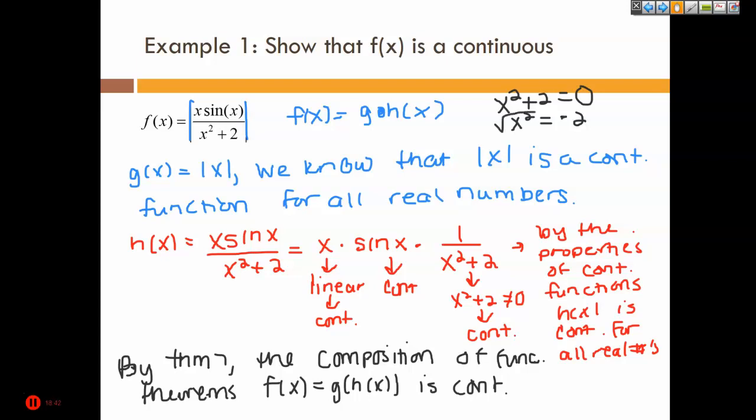But we can't take the square root of a negative and get a real number. So there's no value you can plug in for x that would make that denominator 0. That's why that part is continuous. If it was x squared minus 2, now it's a whole different ballgame, because now you could make x squared equal 2, and you can make it equal to 0.